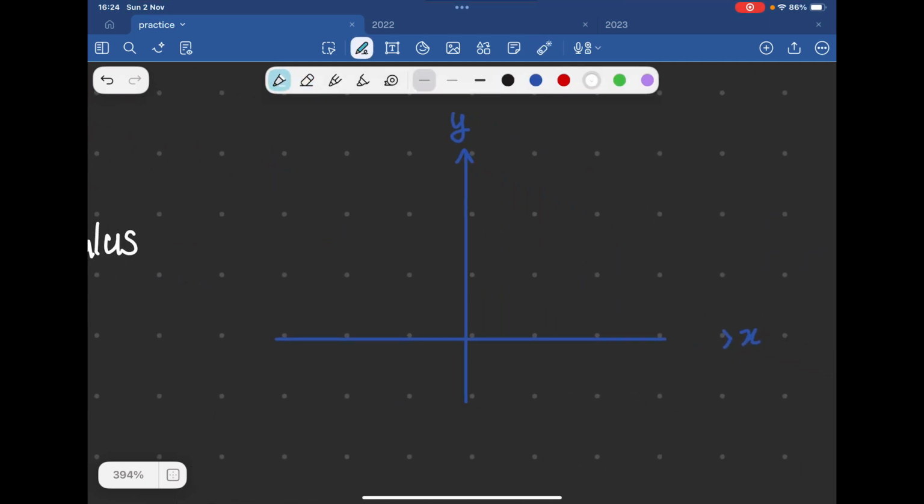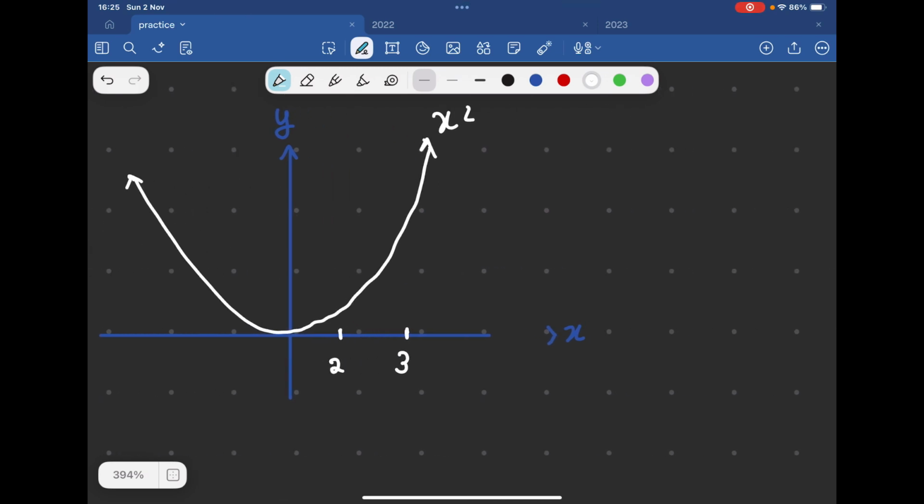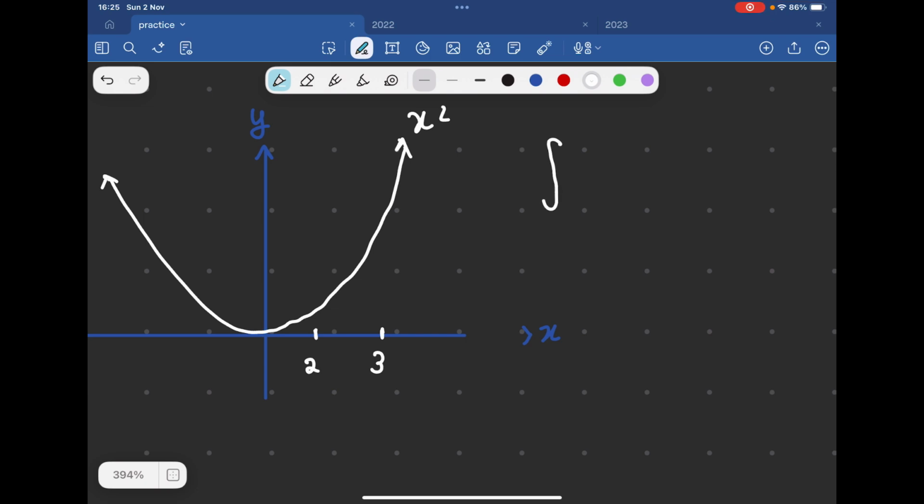So say, for example, we have, let's use our usual example here, x squared. And say we have 2, and say we have 3. And we had an integral that looked like this.